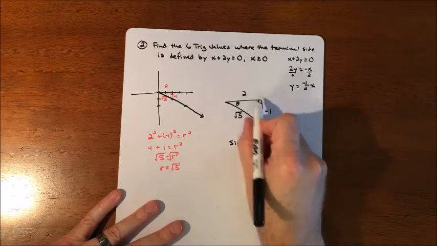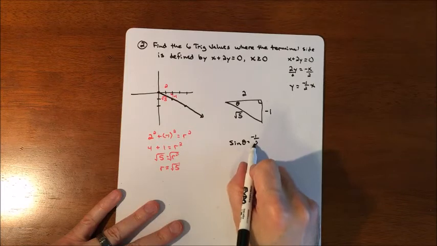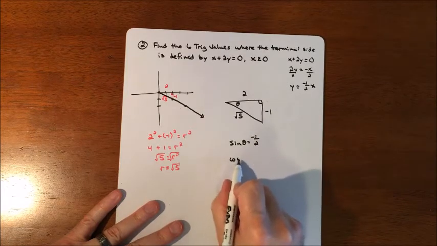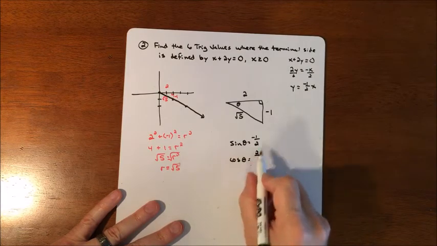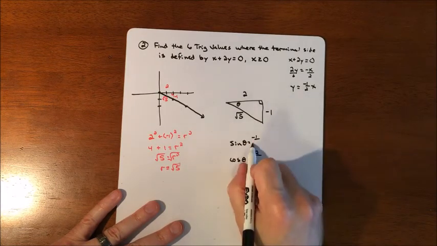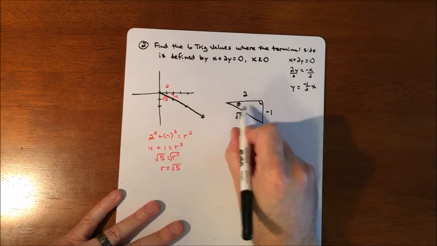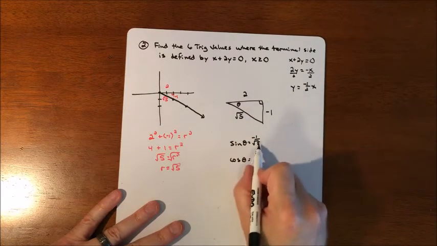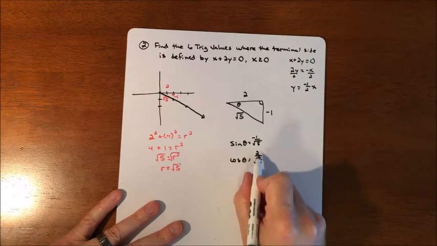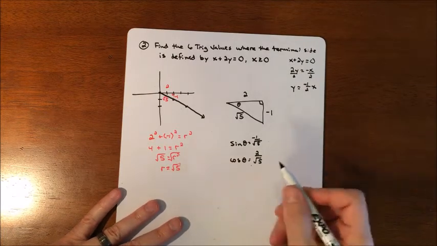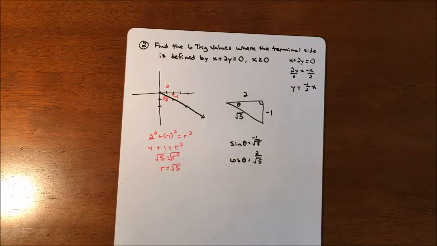So sine is going to be opposite over hypotenuse. Cosine is going to be adjacent over hypotenuse. Opposite over hypotenuse is -1 over root 5. We're going to need to clean that up. And 2 over root 5 we're going to have to clean up as well. So we're going to have to rationalize the denominators.